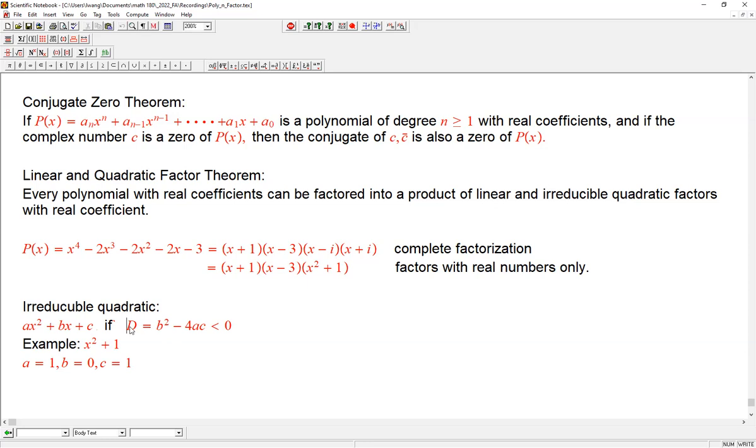And the discriminant, b is 0, a is 1, c is 1, and that's going to be -4. It's negative. So x squared plus 1 is an irreducible quadratic.